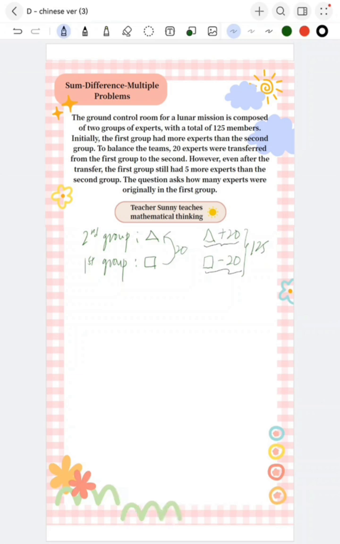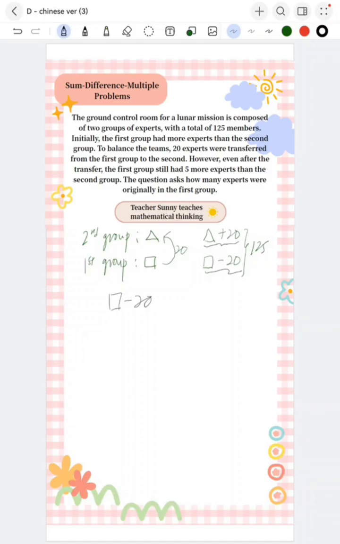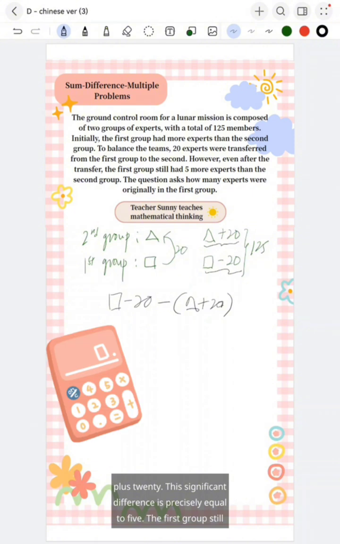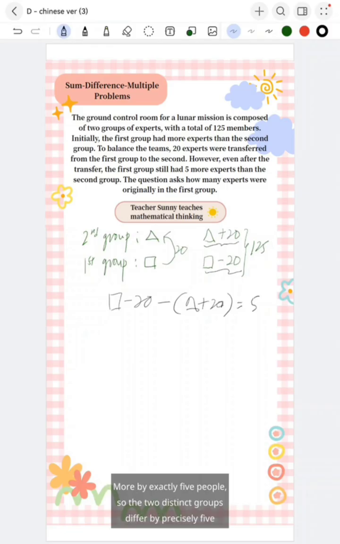So the number of people in the first group is the square minus 20, and the number of people in the second group is the triangle plus 20. This difference is precisely equal to 5. The first group still has more people than the second group, more by exactly 5 people.